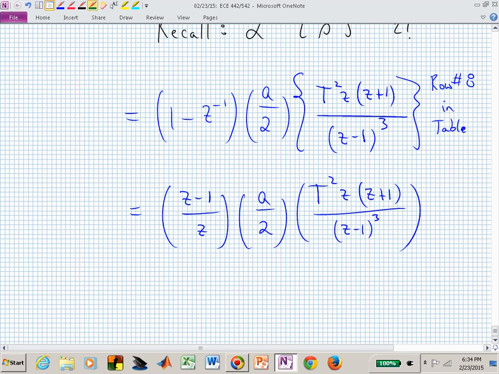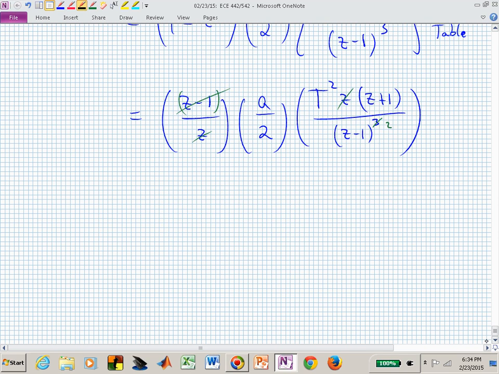Now we can clean things up a little bit. This z minus 1 factor will eliminate one of the z minus 1 factors in the bottom that was cubed. The z downstairs in the front can cancel that z upstairs. And now we have our zero order hold equivalent of a pure mass, a hockey puck in a hockey rink. I remembered.